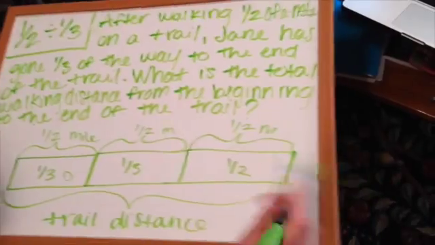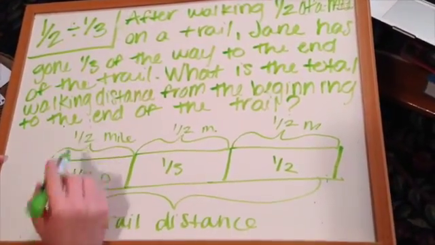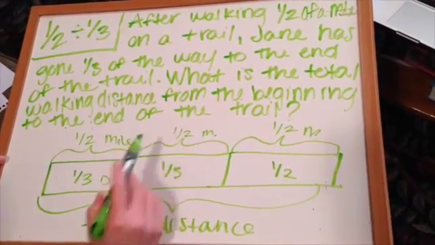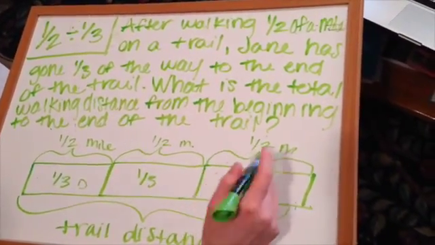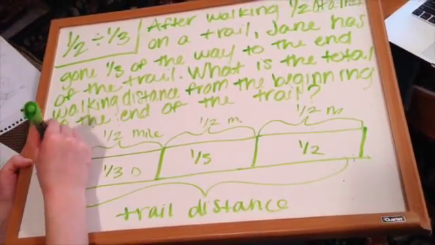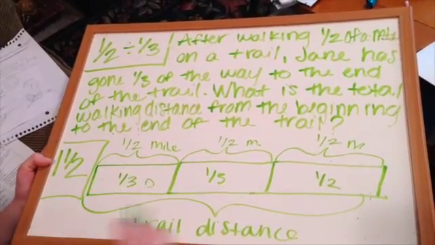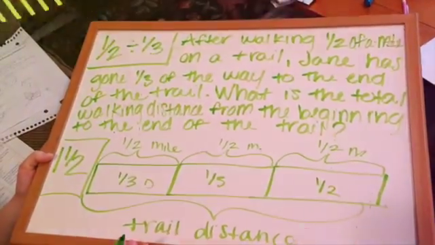So she has 3 half miles. So 1/2 plus 1/2 is 1, and then plus another half is 1.5. So she walked 1.5 miles to walk the full distance of the trail.